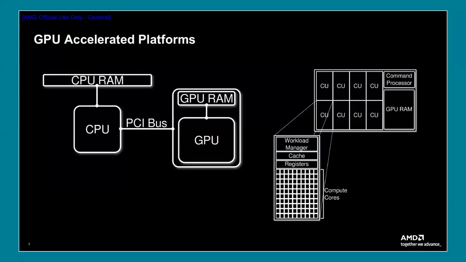If you've attended some of these Lunch and Learns before, you may have seen this diagram. I just wanted to make sure we have a consistent mental model. As we talk about multi-GPU accelerated systems, we all have somewhat of the same picture in our mind. This is a conceptual diagram on the left-hand side of a simple GPU accelerated system that has one CPU socket with its own memory space.